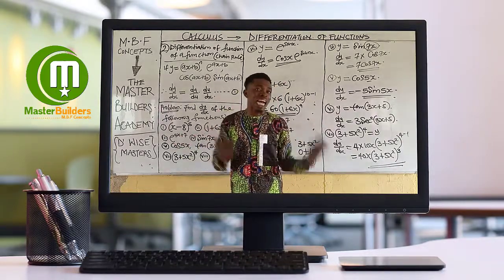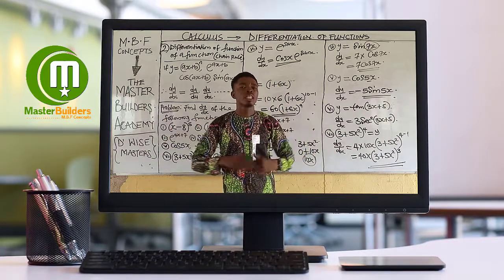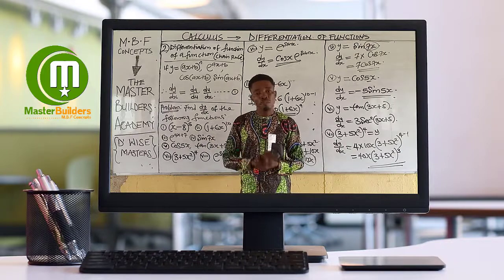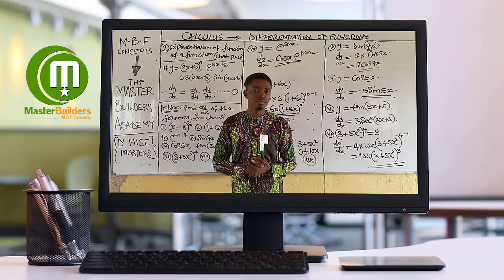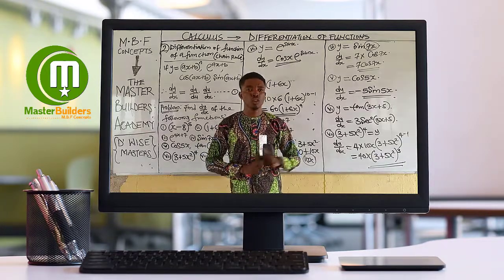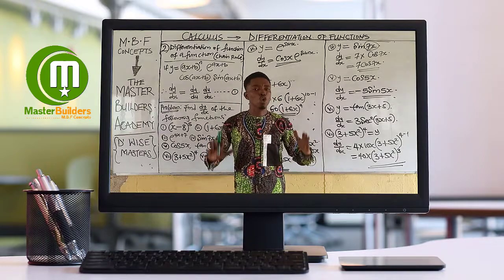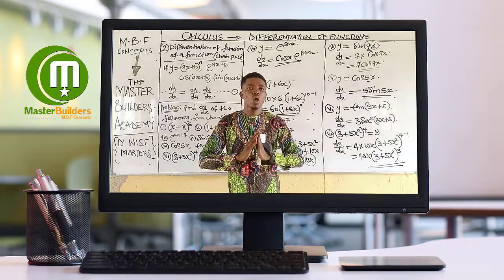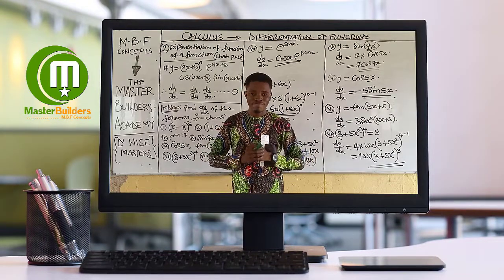And if you are given tan, if you differentiate tan, you have sec squared. Then repeat the given function of x from the question. This is the basis that you need to know under function of a function. And when you understand this principle, guys, you automatically gain mastery over this aspect of differentiation.